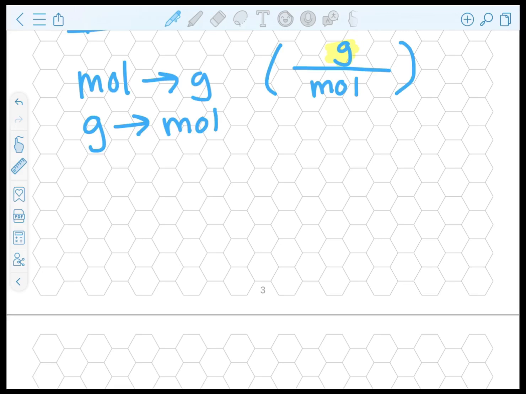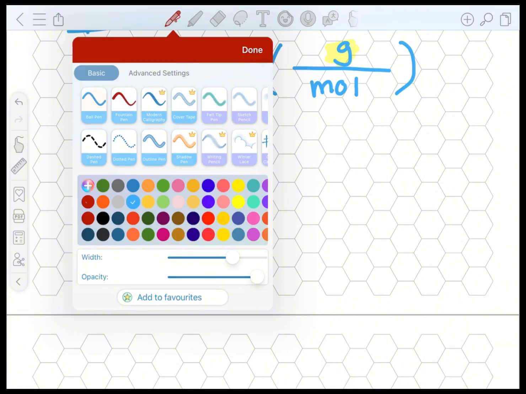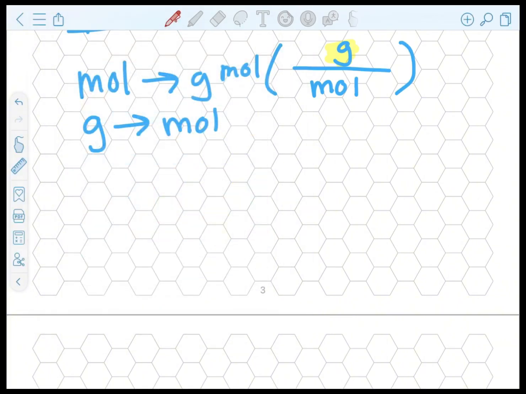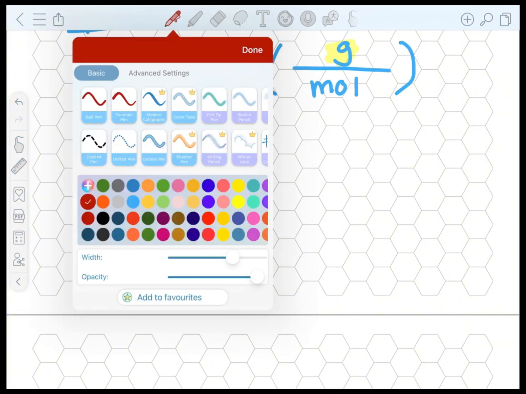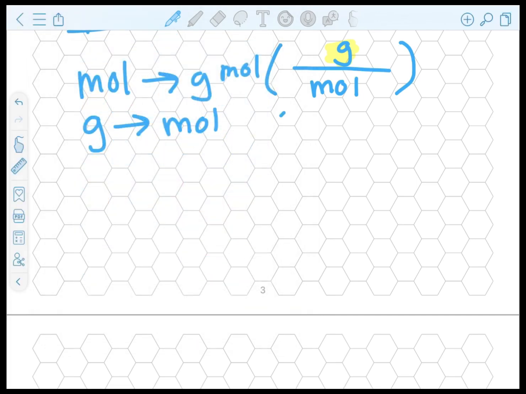So it will look like moles times grams over moles. When you are converting grams to moles, it's the opposite. You want grams to be in the denominator. So it will look like this. Grams times moles over grams.